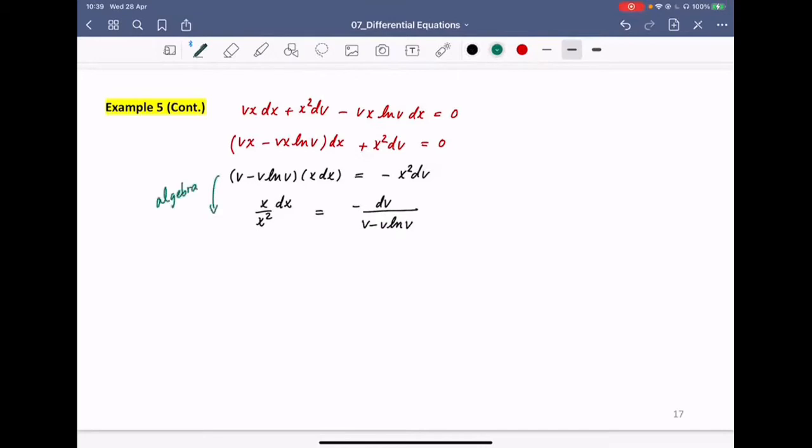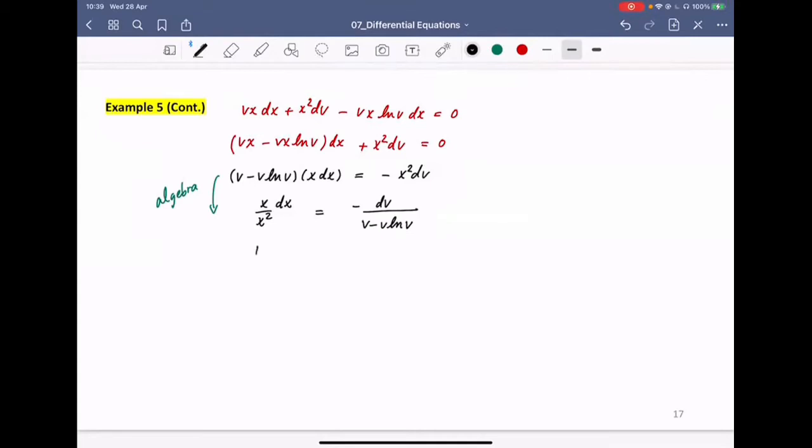If you are an expert in simplifying equations, you're going to see that it's not that hard. You're just trying to simplify. What I did is move everything in terms of x to the left hand side, and everything in terms of v to the right hand side.